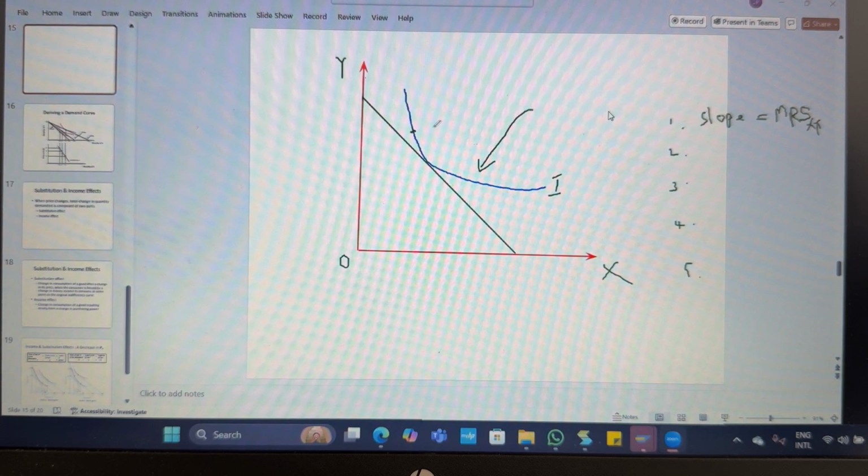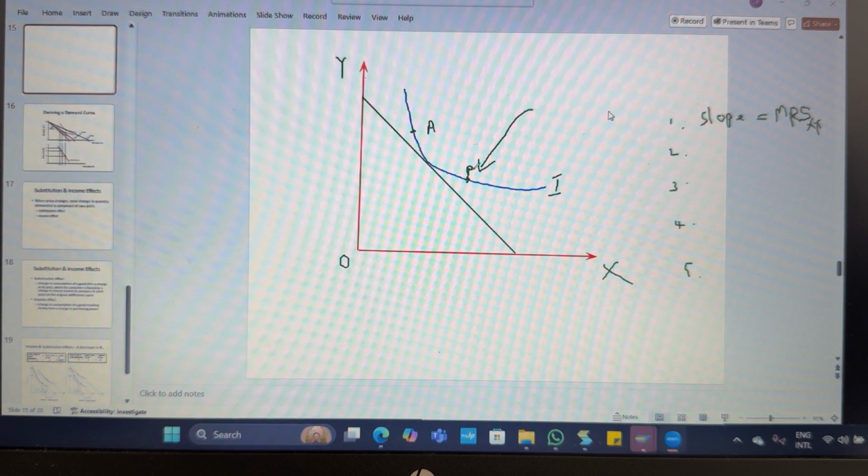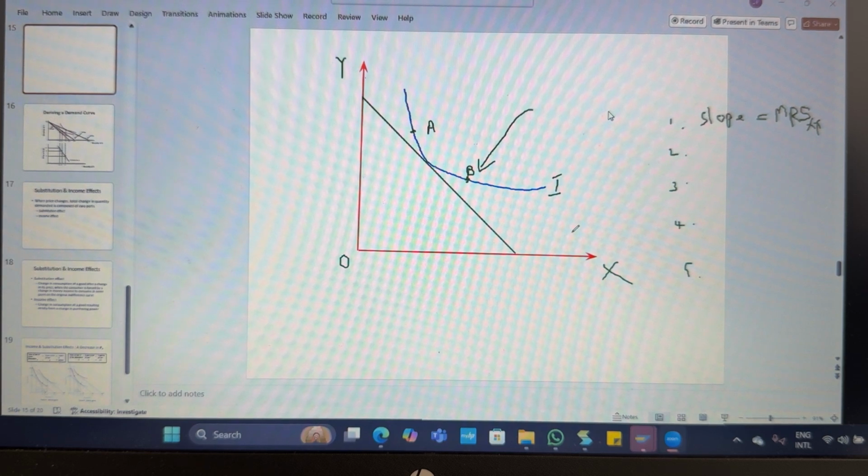I'm asking this question to make those concepts familiar to you. What does it mean? Marginal rate of substitution.